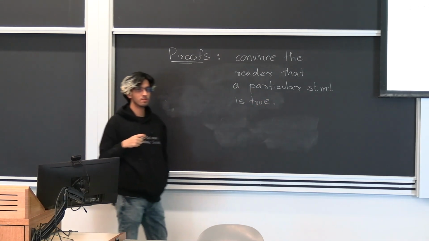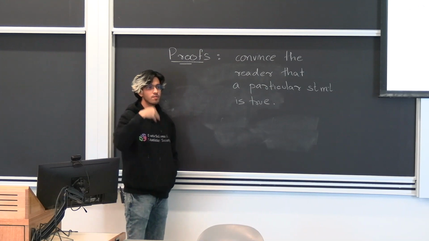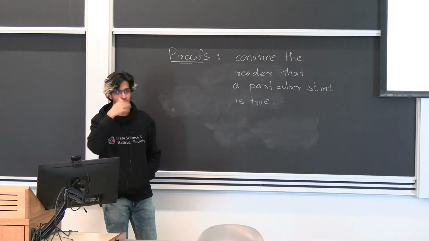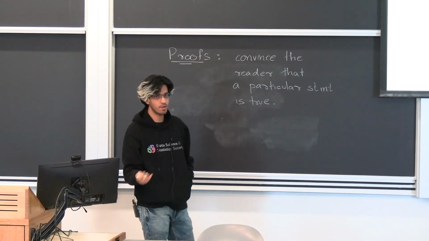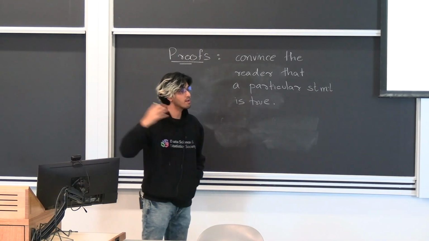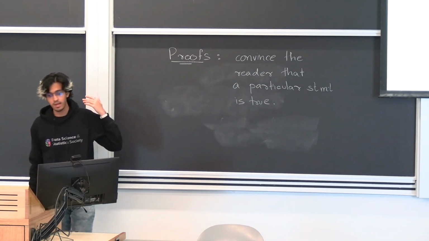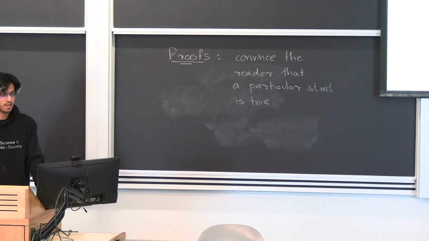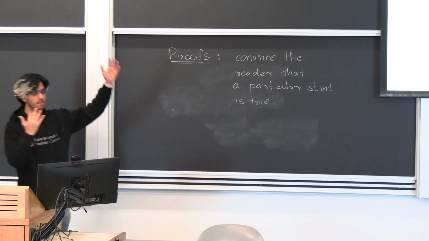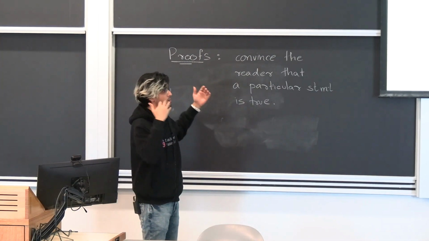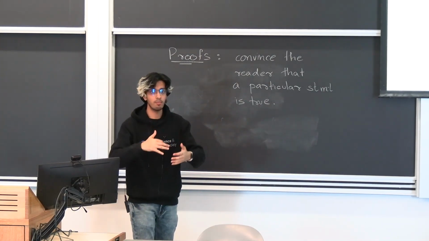Now, how do we do this? We do this by showing a logical sequence of statements that start somewhere that both you and the reader agree upon and end at the final statement that you're wishing to prove. When I say logical sequence, I mean that every statement that you make follows from the set of statements that you've previously made, or from a set of statements that both you and the reader trivially agree upon, right?